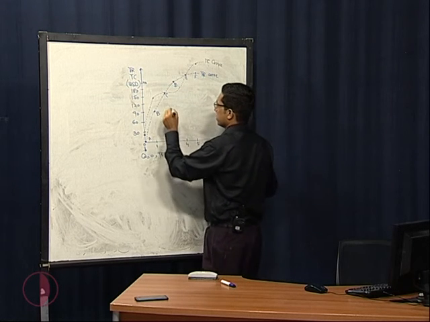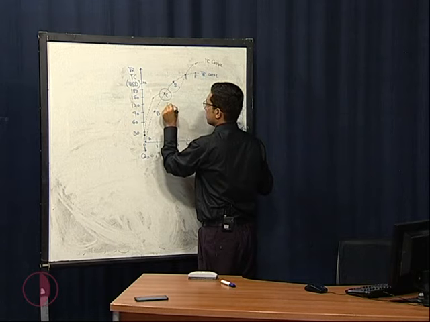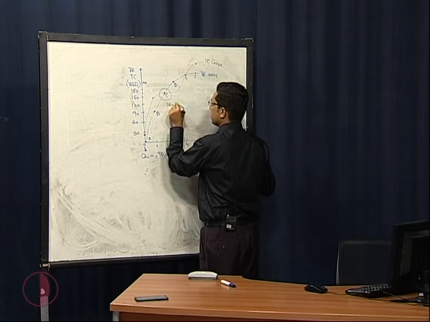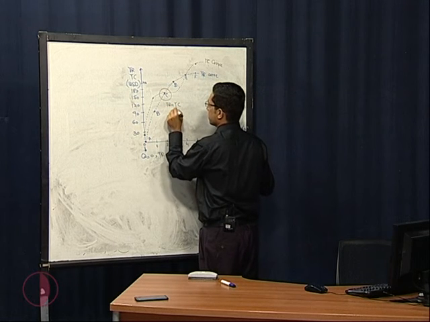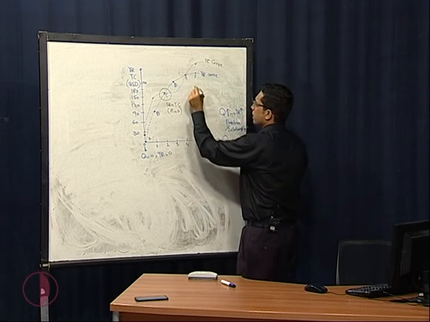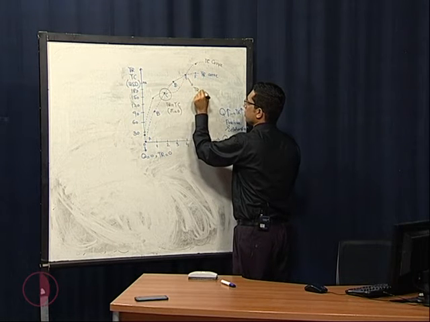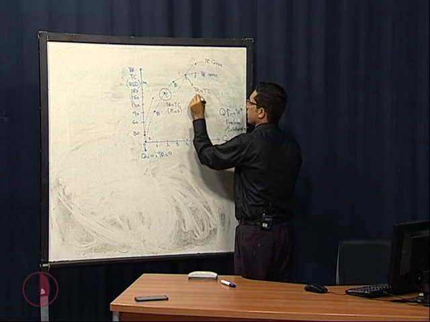At this point, total revenue is equal to total cost. It means that profit is 0. Same is the case here. Total revenue is equal to total cost.